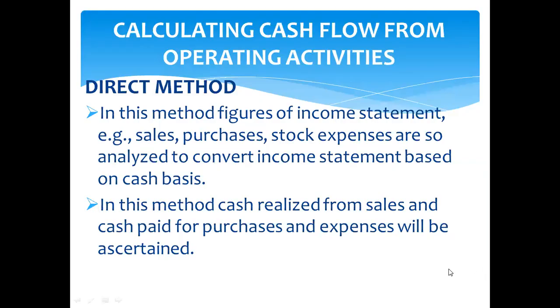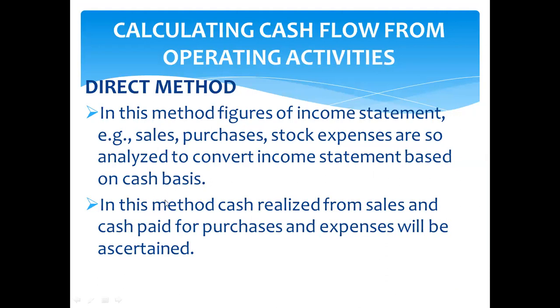All right. Now, how to calculate cash flow from operating activities? So actually, there are two methods. We have direct method and indirect method. In the direct method, the figures of the income statement, for example, sales, purchases, and expenses, are analyzed to convert the income statement to a cash basis.